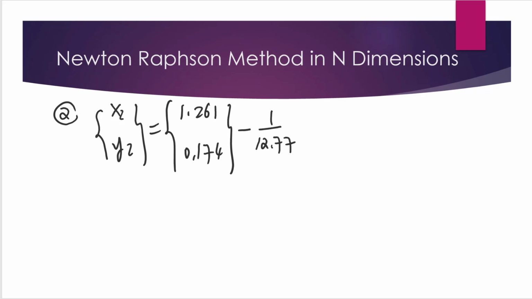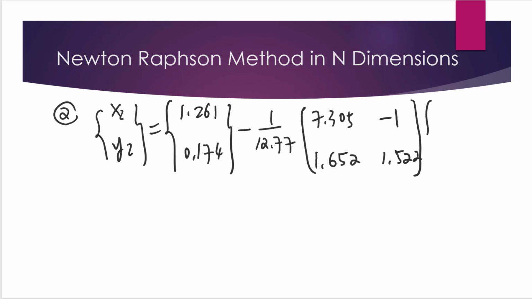So this will be the matrix 7.305, negative 1, 1.652, 1.522 times the vector 0.003 and negative 0.319.